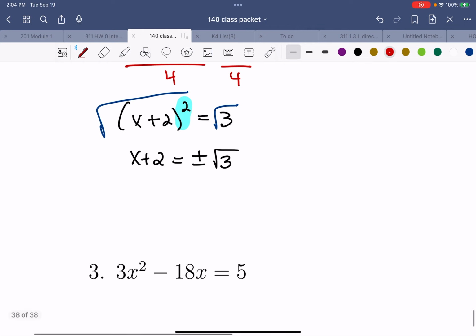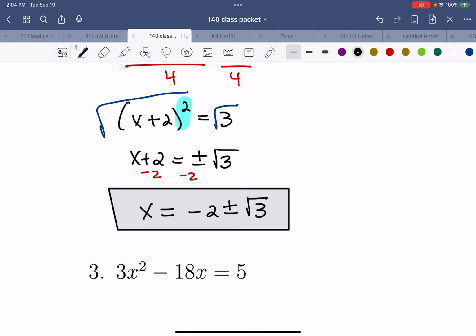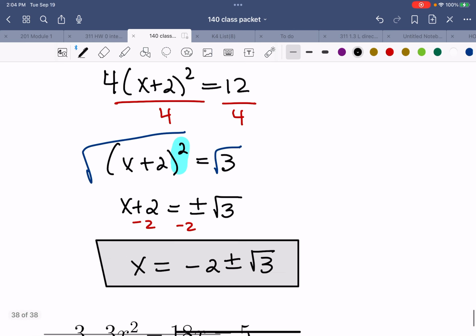And then I'm going to go ahead and subtract this 2 to the other side. And I usually put that in front of my plus minus. So that's going to leave me with x equals negative 2 plus or minus the square root of 3. And the 3 underneath the square root has no factors that are perfect squares, so I can't reduce it any further than that. So I'm going to leave it just as it is.